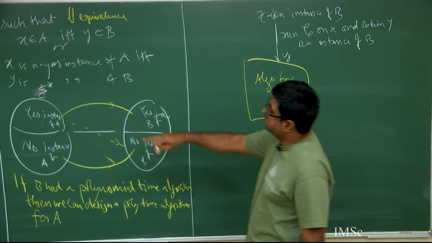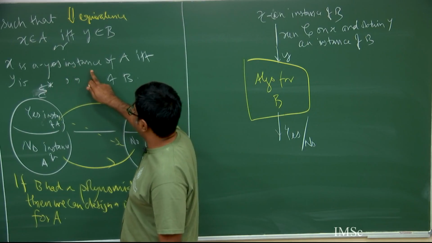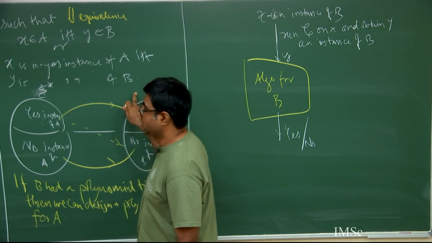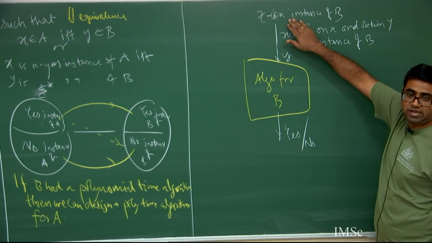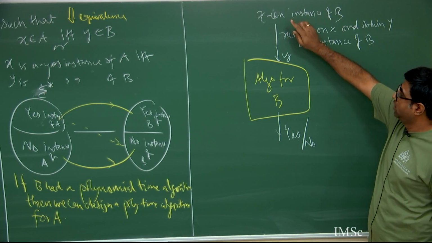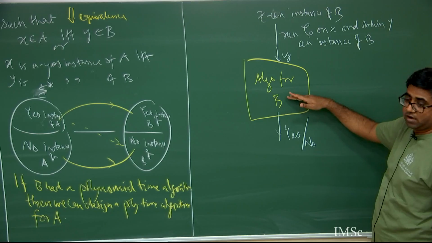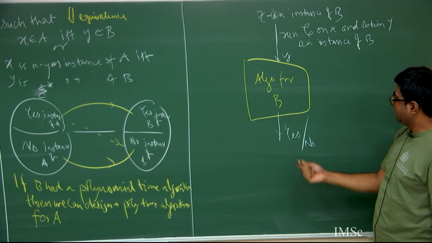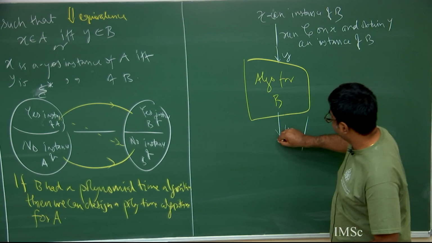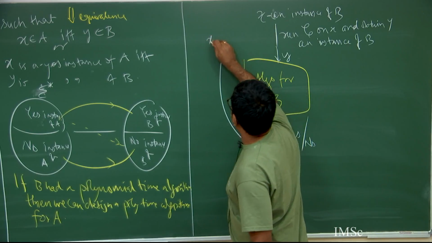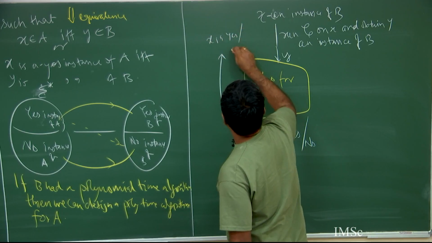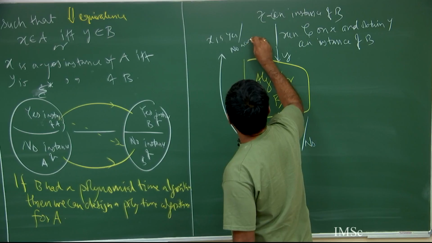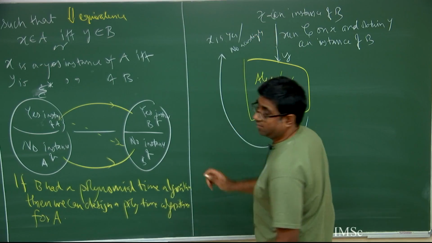Now what does this tell us? X is a yes instance if and only if Y is a yes instance. So if I want to test whether X is a yes instance or not, I transform it into Y, I run an algorithm for B, and if it says yes, I return yes, otherwise no, accordingly. So that is the whole objective.